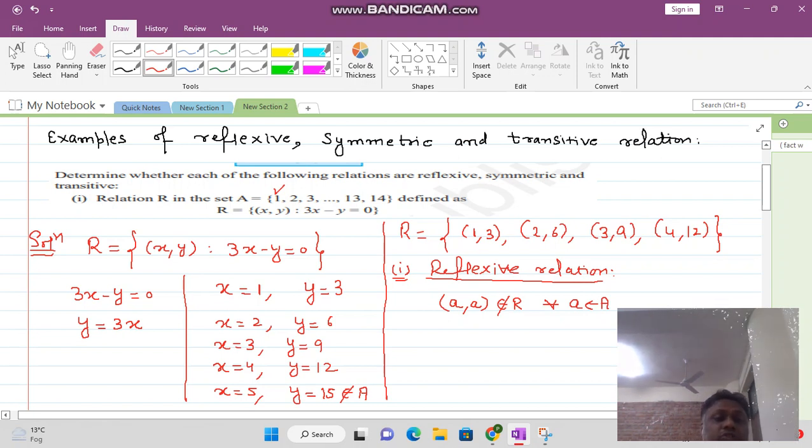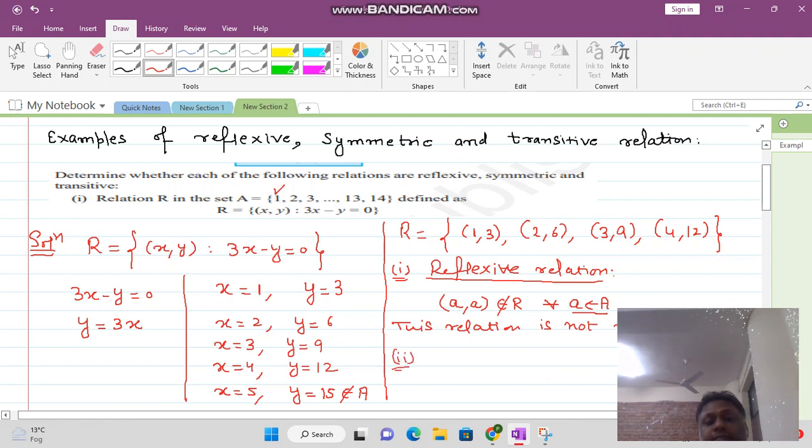Similarly, it holds true for 2: (2, 2) is not a member of the relation. So for every a belonging to A, (a, a) is not in the relation. So this relation is not reflexive. I hope you people have understood it.